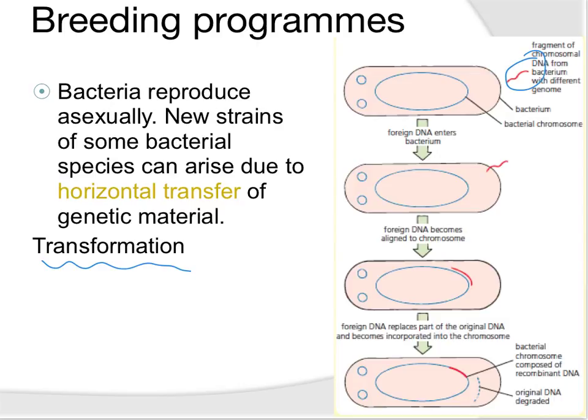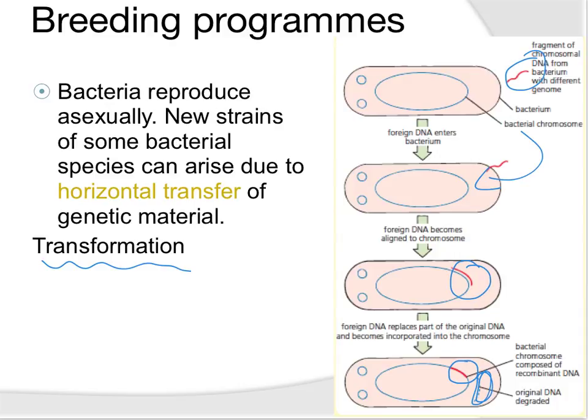That foreign DNA is able to enter our bacterium and ends up replacing a part of the original DNA. It becomes incorporated within the chromosome, and the original DNA is degraded in some way, and you end up with this change that is here.